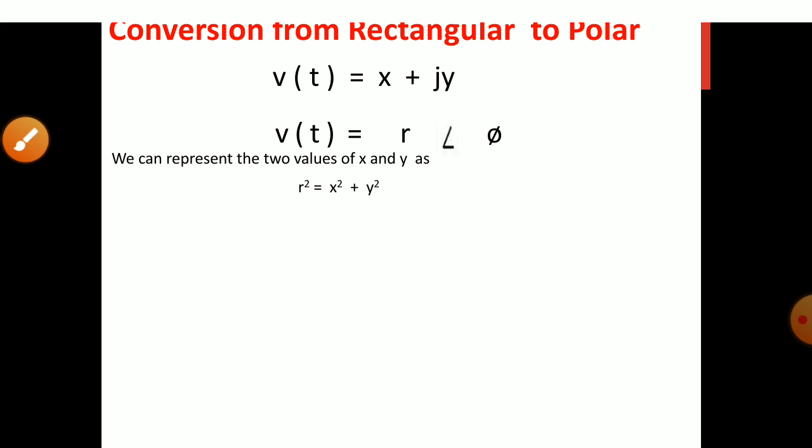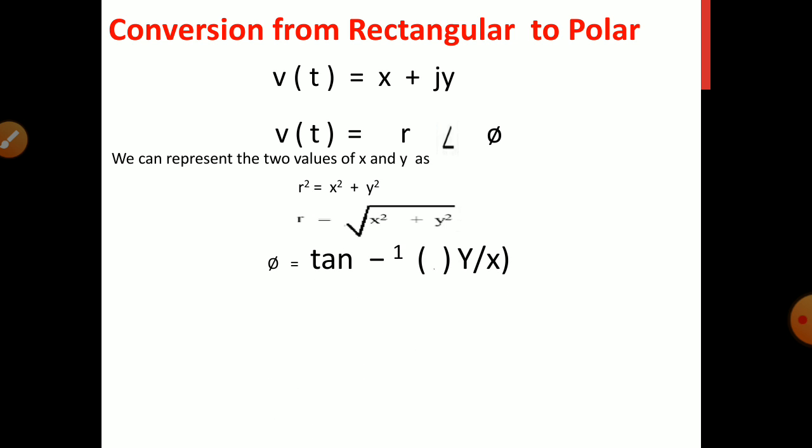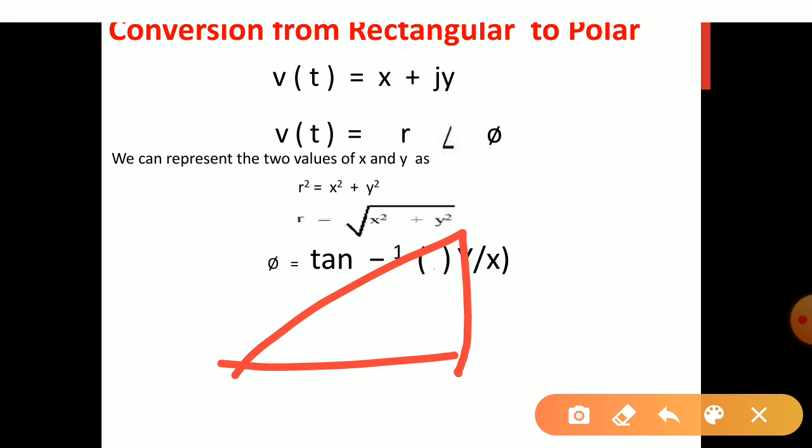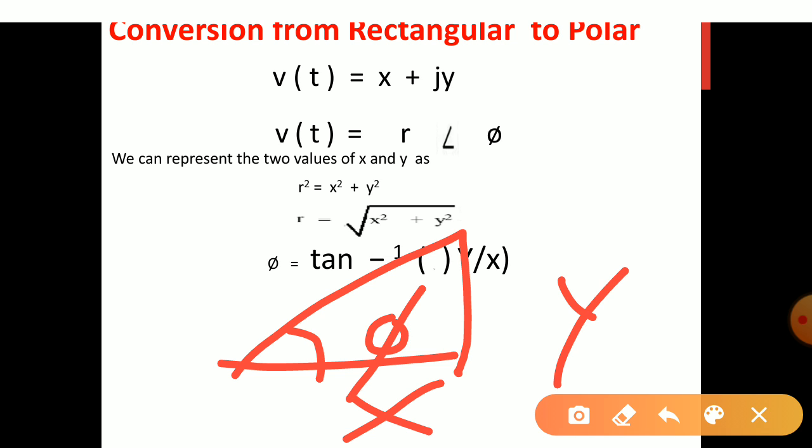So taking the square root of both sides, r is the square root of x square plus y square, and similarly we could find out angle phi. Angle phi is what we require. This is the phi angle. So tan of phi is y divided by x.